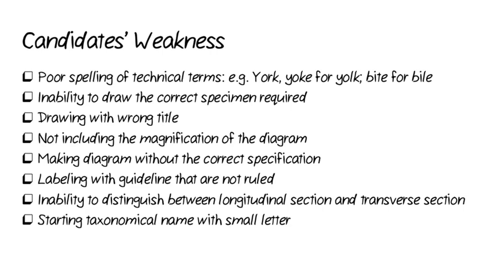Also, another weakness is making diagrams without the correct specification. The diagram should have the correct specification. Labeling also should be neat. Candidates also were unable to distinguish a longitudinal section from a transverse section.